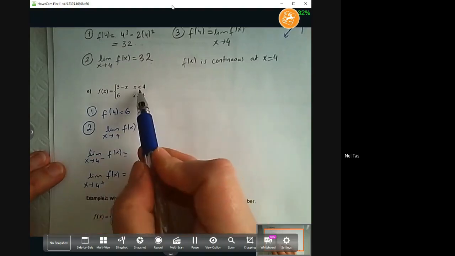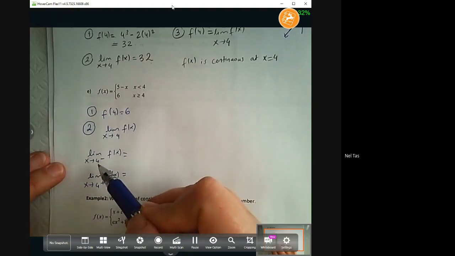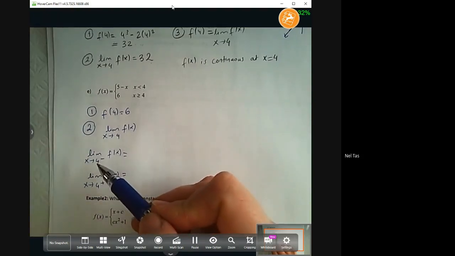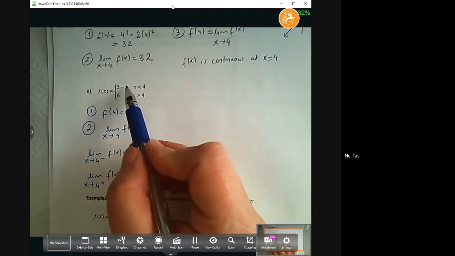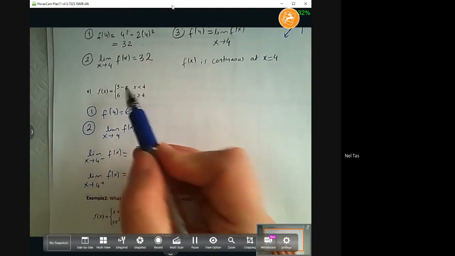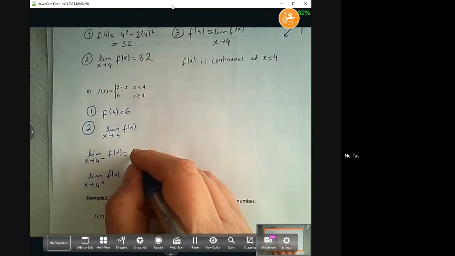Left side limit, we'll look at this one, right? So you look at the number where x is like 3.9999. It is not 4, but it is closer to 4 from the left side. So you use this equation here. So 5 minus 4 gives you 1.